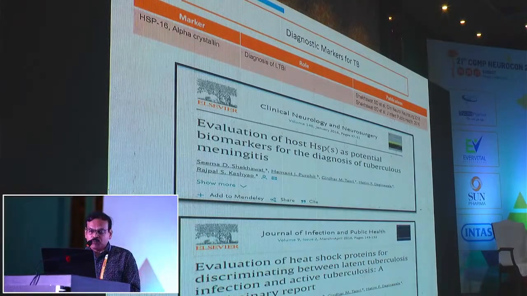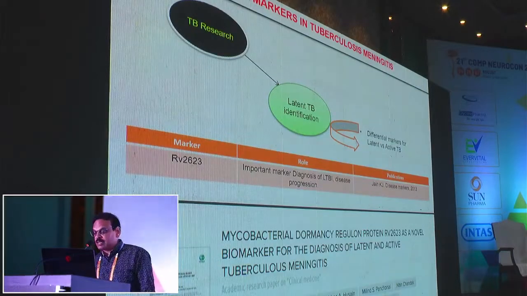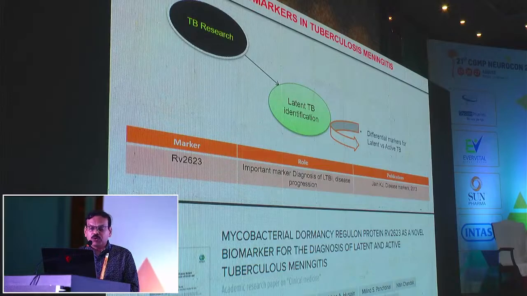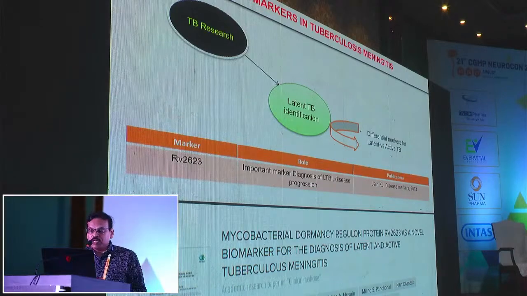We looked at heat shock protein 25, 60, 90, and it was found that heat shock protein 70 and 90 were highly sensitive for tubercular meningitis. We also considered the possibility of latent tuberculosis, so we looked at the mycobacterial dormancy regulatory protein Rv2623, which is seen in latent tuberculosis patients, and we followed up these patients, and a few of them later on developed tubercular meningitis.